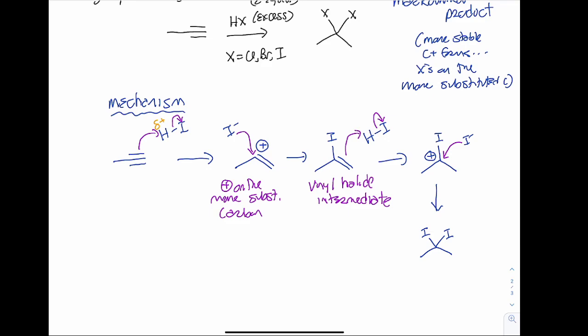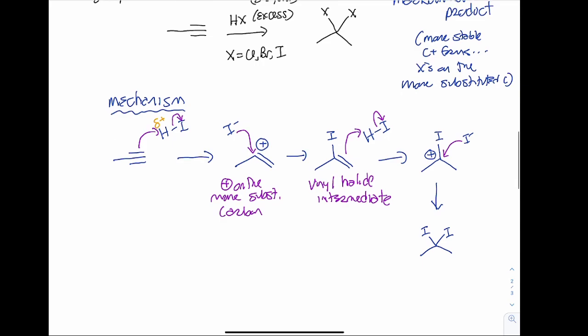This intermediate is planar, right? This one here, so that iodine can add from either side, from the front or the back. I'm not showing that because I have 2 iodides on the same molecule. So whether the second one comes from the back and the first one's from the front or vice versa, it's the same molecule, right? It's not chiral. Even if I made these carbons, right now I have 1 carbon-based group each on the carbon in the center, right?